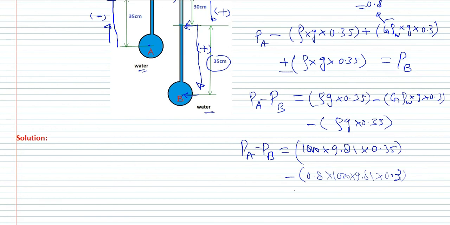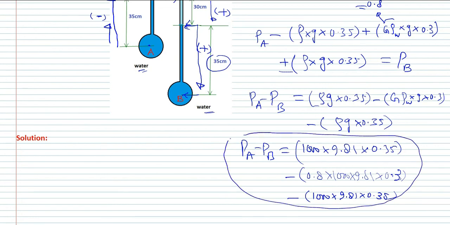Now this minus this is again water, 1000 multiplied by 9.81 multiplied by 0.35. So when we solve this equation we will find PA minus PB.